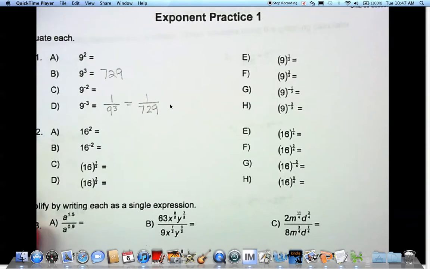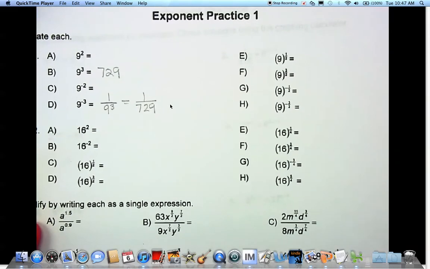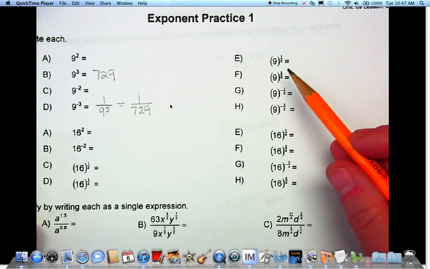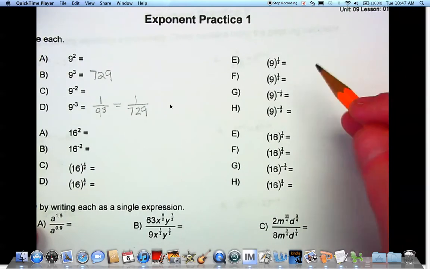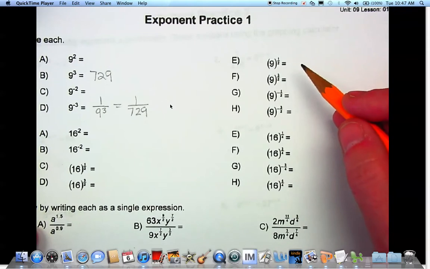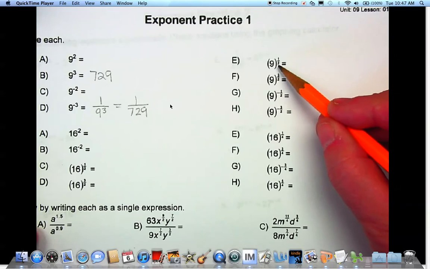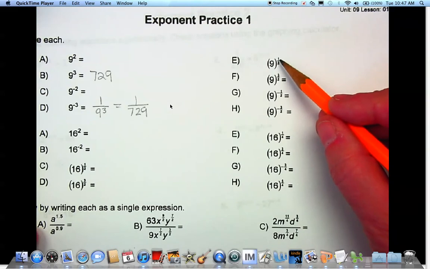How about, let's look at F. No, let's do E, and then we'll do H, E and H. Okay, this is what we learned how to do yesterday, where you have the fractional exponents. Do you remember what the denominator is? The root of the tree, remember? And then what's the numerator? Power.